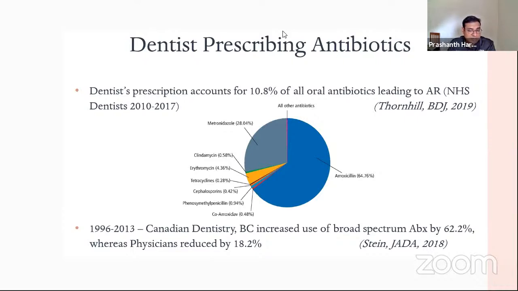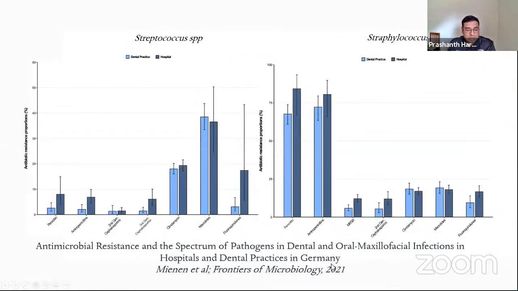to do that particular switching. So the broad spectrum usage of antibiotics has been causing a lot of resistance, leading to superbug development. So let's look into data from Germany.